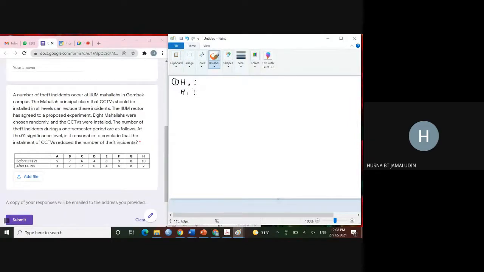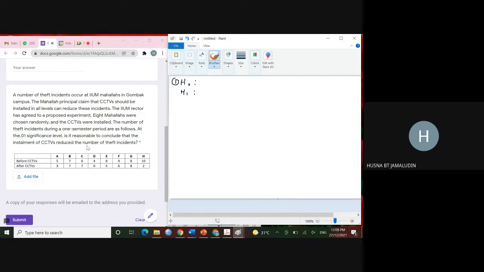and then next, what is your H1? Is it reasonable to conclude that? So normally when you want to formulate your H1, you have to refer to the question. Normally, by default, the question will be given in the last sentence. But sometimes it can also be given in the beginning or in the middle.